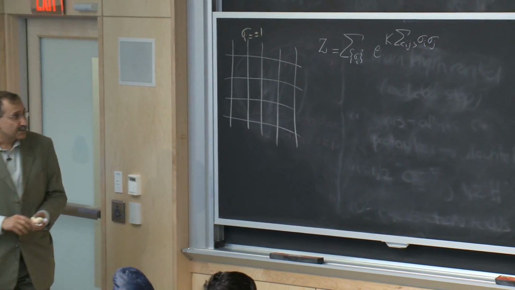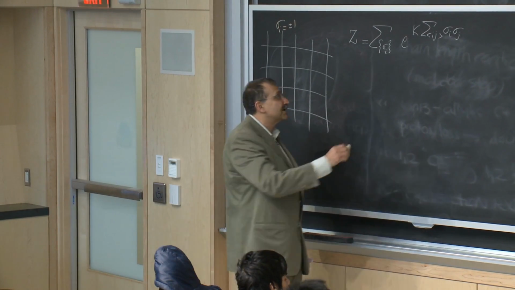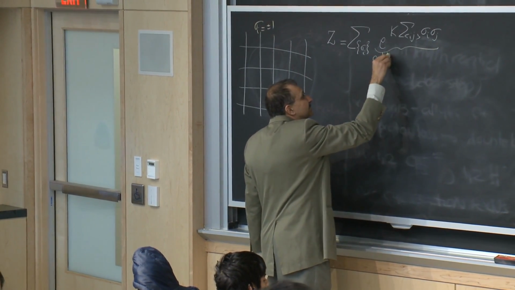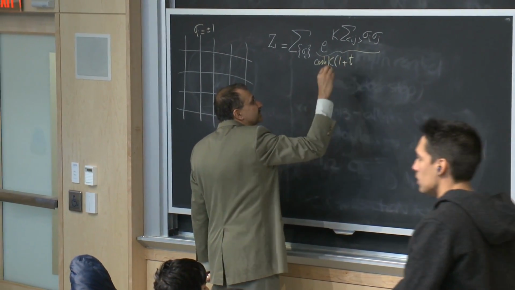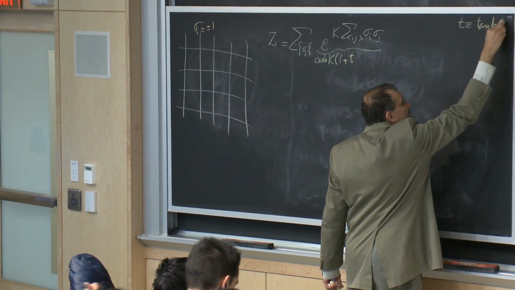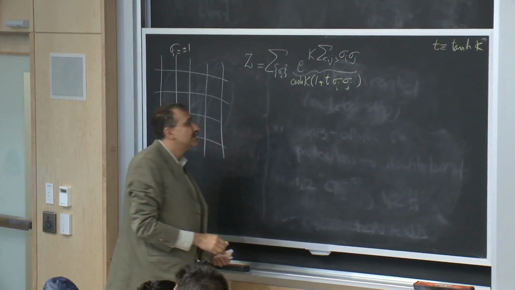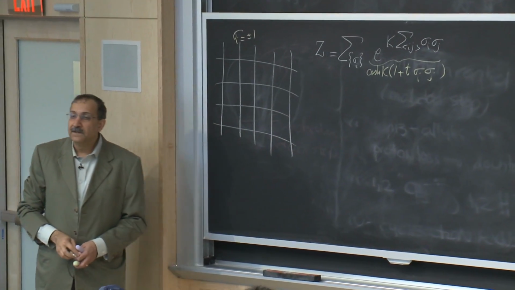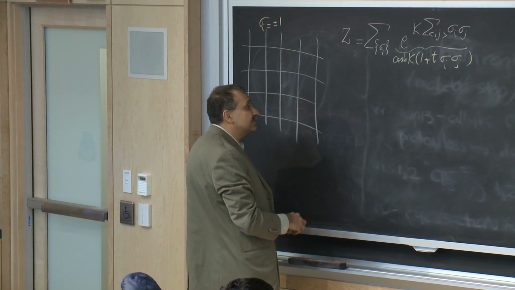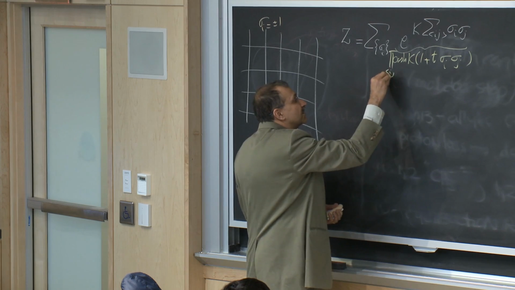The procedure that we are going to follow is this high temperature expansion, that is, writing this as hyperbolic cosine of K, times 1 plus t sigma_i sigma_j, with t standing for tanh K. Actually, I would have to write this as a product over all bonds.